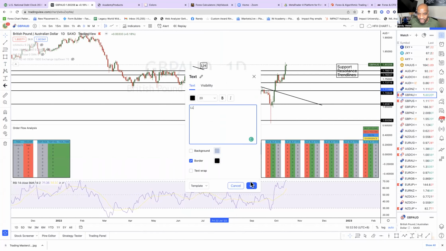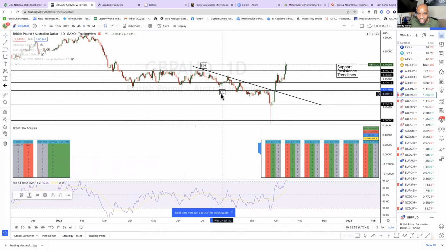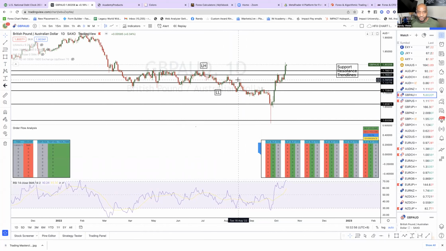So you don't really need the line. And I'm going to take the line away so you're not dependent on it, because I remember it had to be perfect for me to understand this, but it doesn't. We're just going to start finding our lower highs and our lower lows. So that's a lower low. Okay. Then we have another lower high on that. Then we have another lower low.